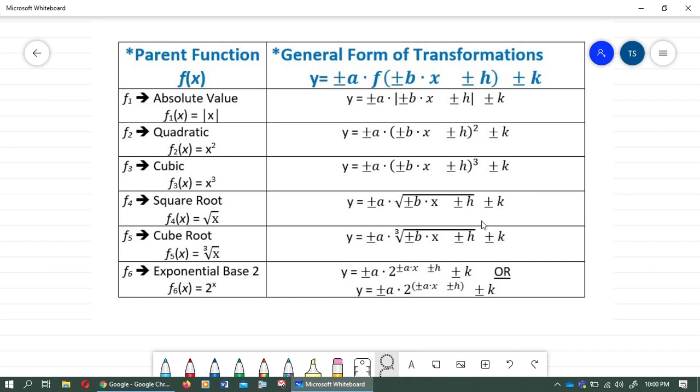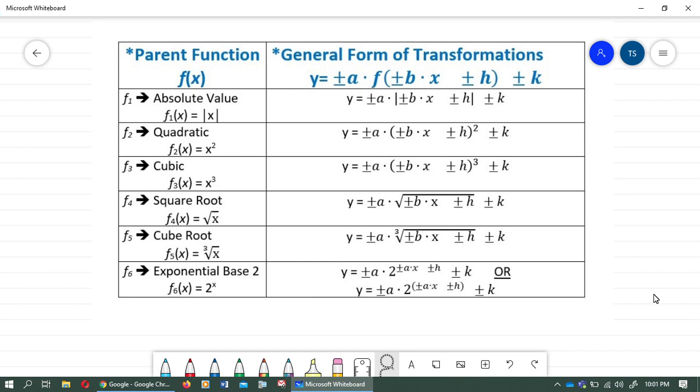So you can see it with each type of parent function here. I'll just let that sit here for maybe about 10 more seconds, just in case it didn't record the first time. But I'm confident that it is recording right now. So again, this chart shows you each specific parent function and what it could look like.